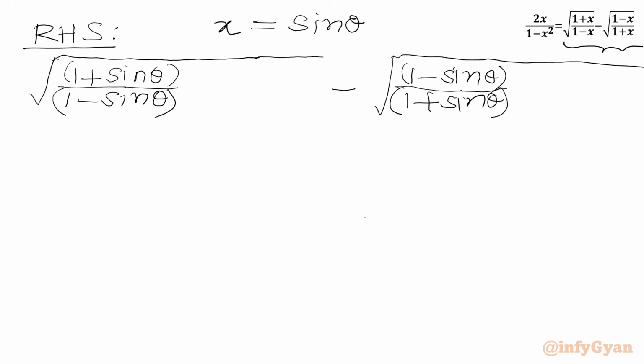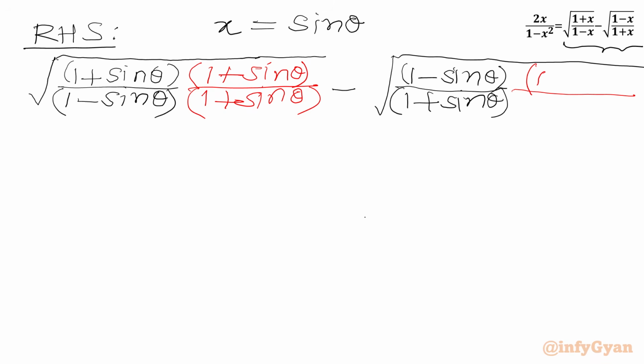Now we have to rationalize our denominators. So in the first term we will multiply the numerator and denominator by 1 plus sine theta, and in the second term we will multiply the numerator and denominator by 1 minus sine theta.